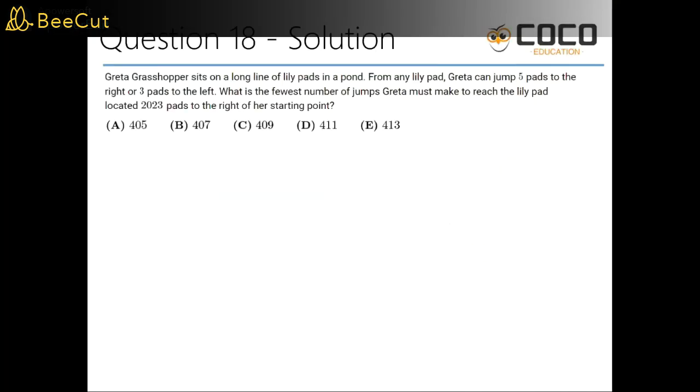Now for question 18. Let's say the grasshopper goes to the right x times. And then it goes to the left y times.